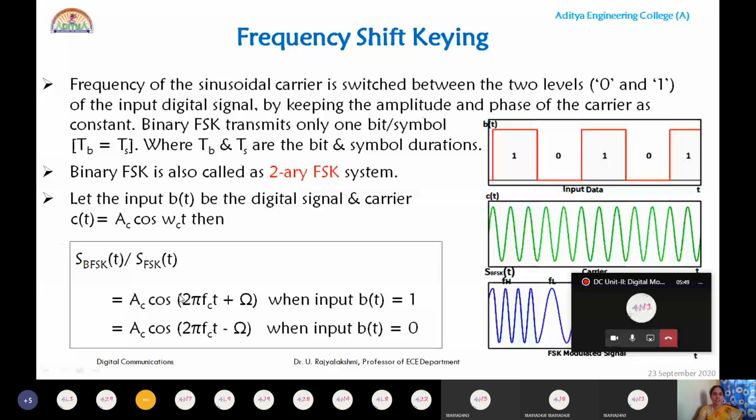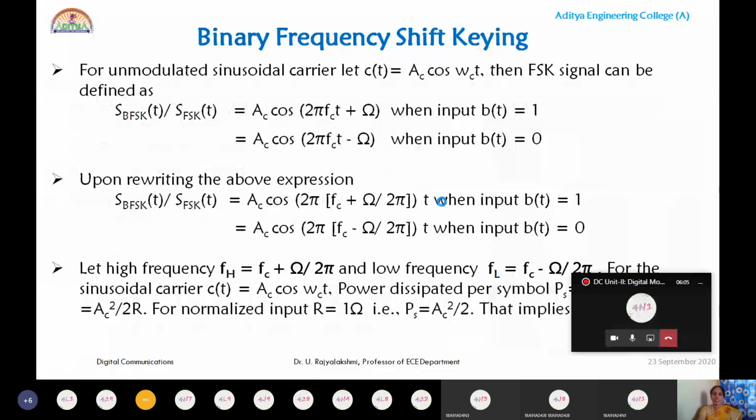This FSK signal is defined as Ac cos 2 pi fc t plus omega for input data bit 1. And if the input data bit is 0, it is 2 pi fc t minus omega. So there is a decrease in the frequency. That decrease is defined as low frequency fL, and the increase is defined as high frequency fH.